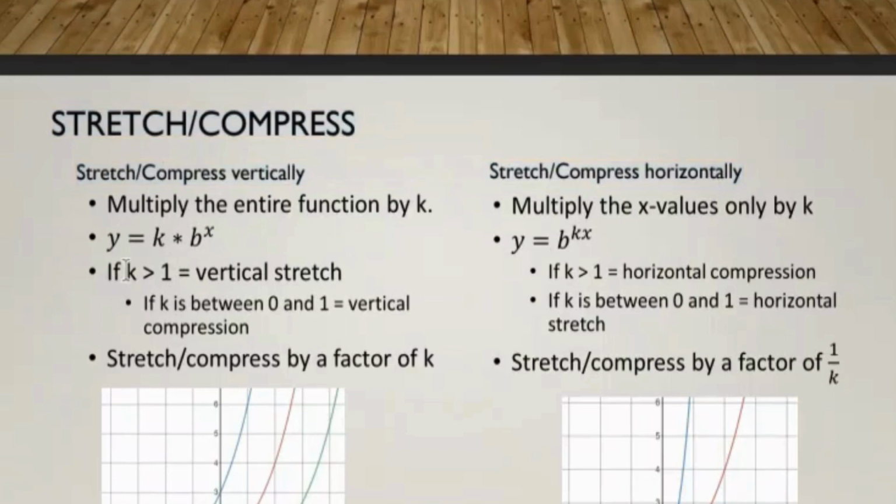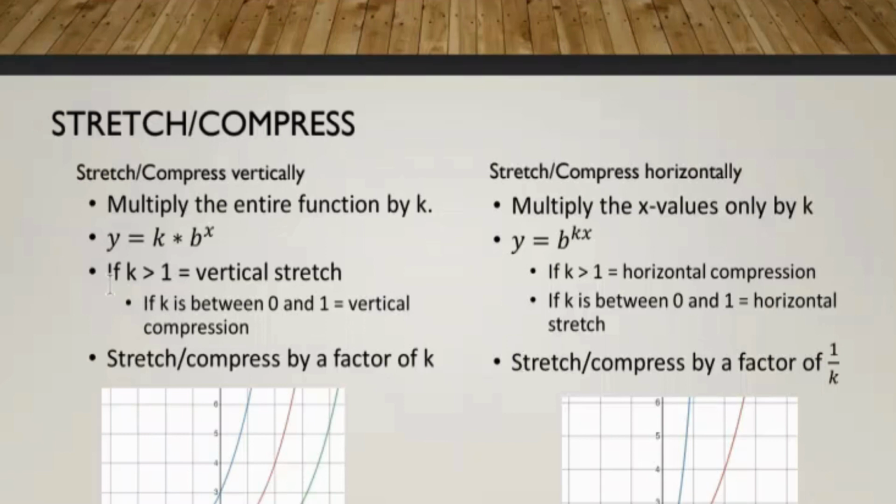So, let's read through this. We have the function y equals b times f of x. So essentially multiplying the entire function by k.